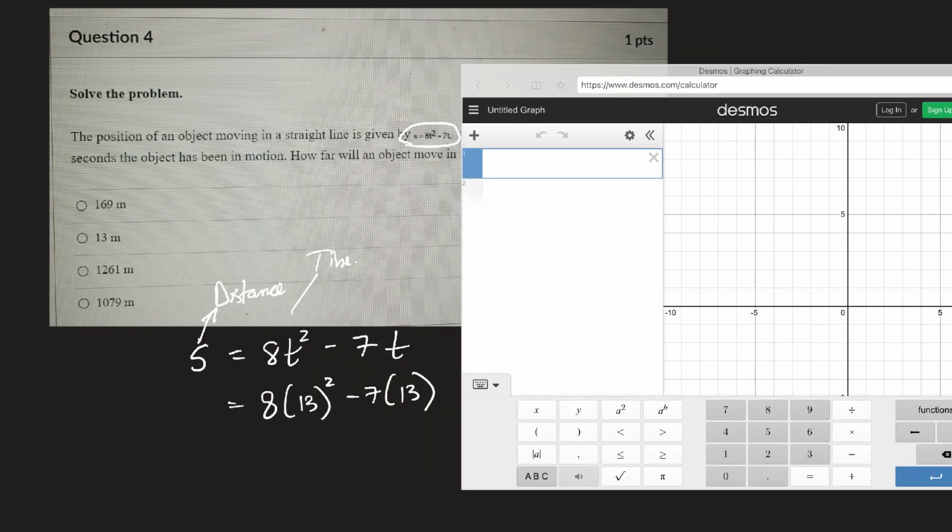So it's 8 times bracket 13 bracket squared minus 7 times 13, and that gives 1261 right there. That's how far it will have traveled in 13 seconds.